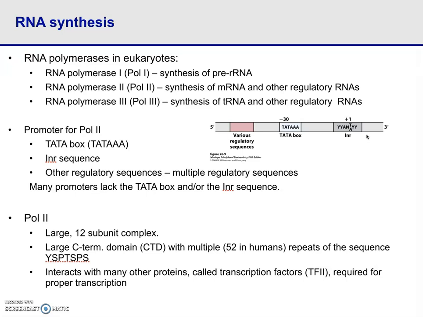In other words, we still don't quite understand everything about the promoter sites in eukaryotic cells, but at least many genes, I should say, contain the INR and the TATA box consensus sequences as part of their promoter. Right here, as you can see on the diagram, it says various regulatory sequences.